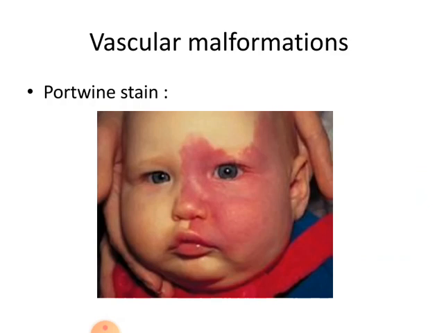In the distribution of this nerve, the port wine stain occurs. Port is derived from Portugal; port wine stain is derived from Portugal wine.